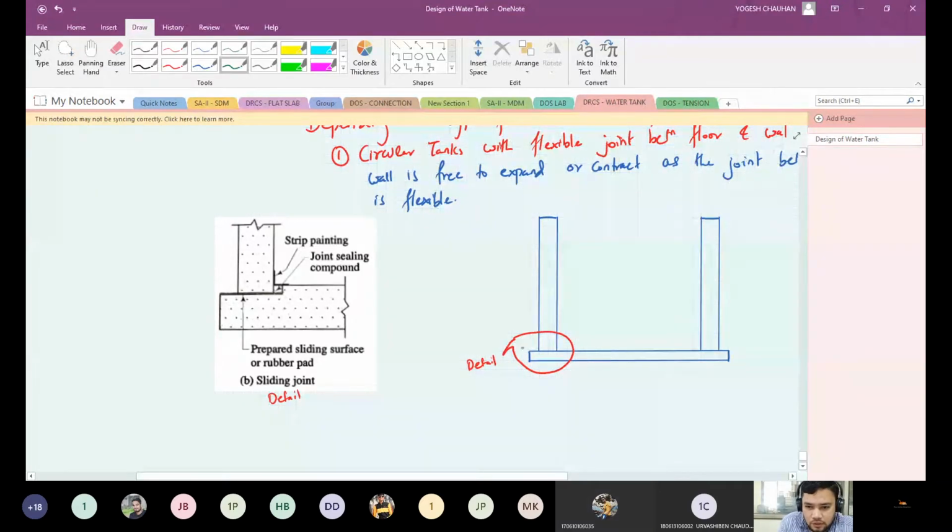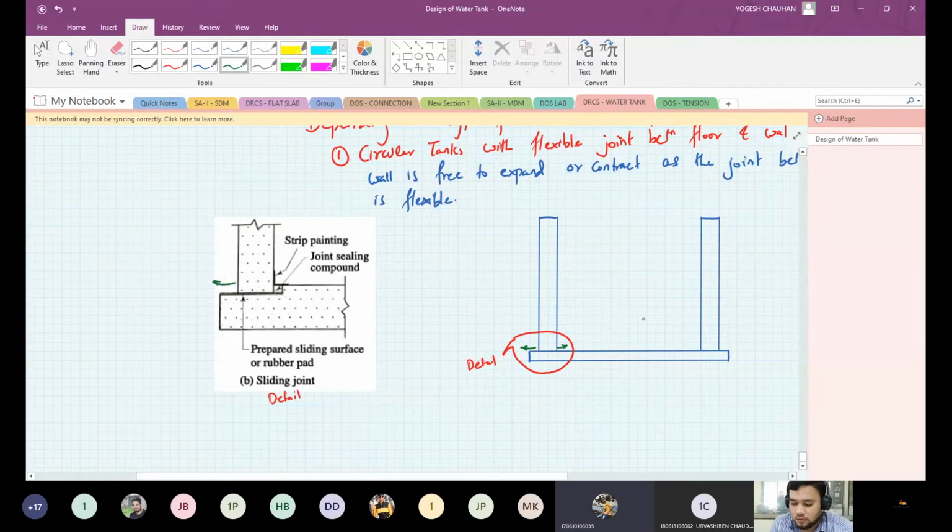This can expand or contract. Okay. Here, this is the water level.